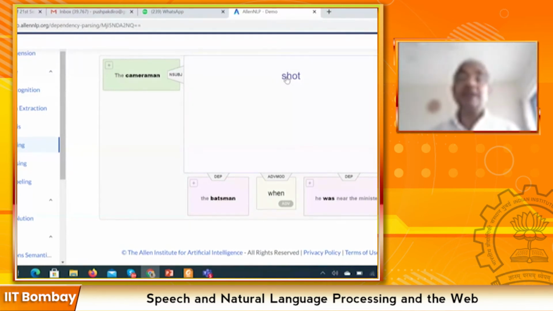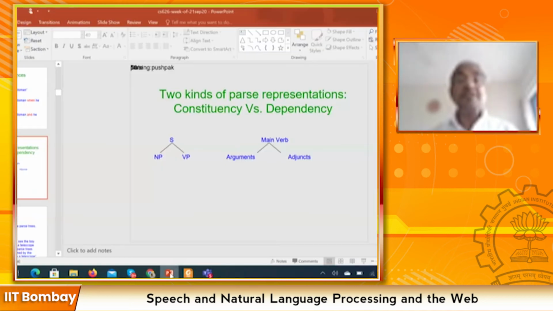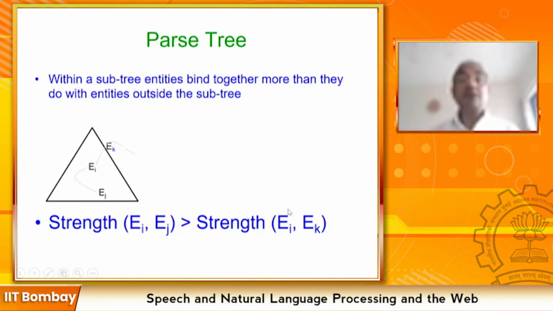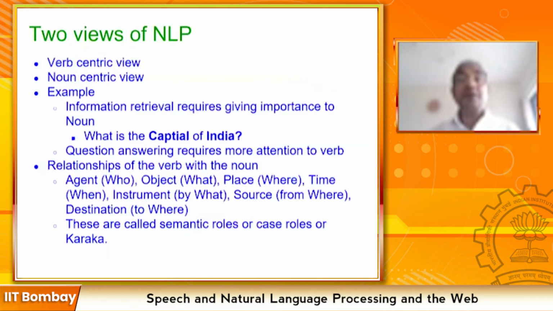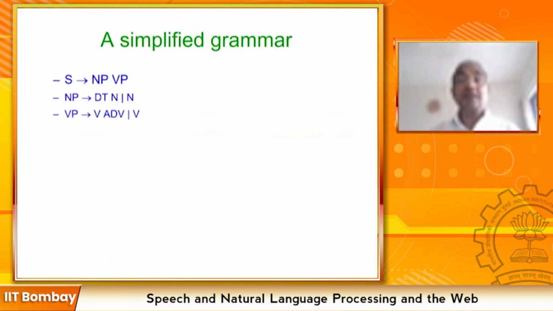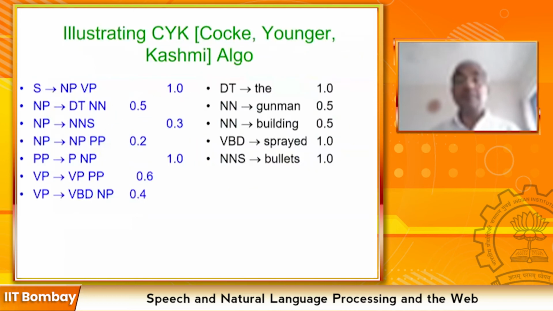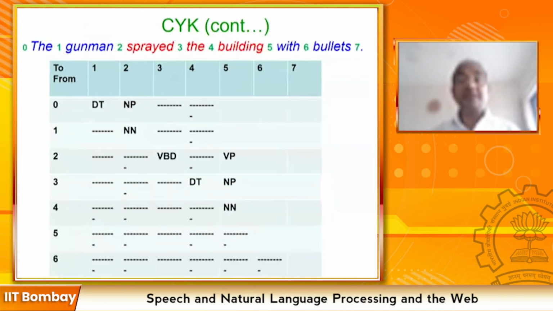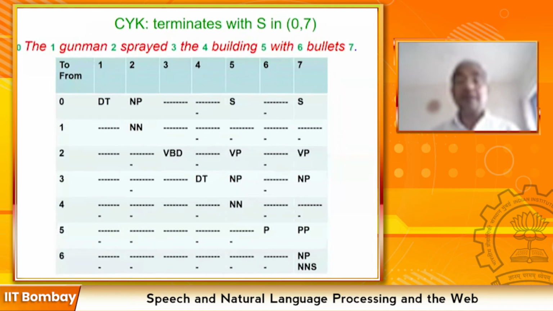So shot is the head, cameraman is the modifier, linked by nsubj. We will develop this theory of dependency parsing further, but machine learning and probability will not leave us, which is why we will also develop the theory of probabilistic parsing. You have seen algorithmic parsing, but the theory of probabilistic parsing is something we will now develop further.